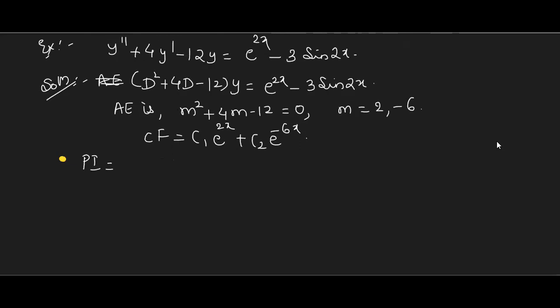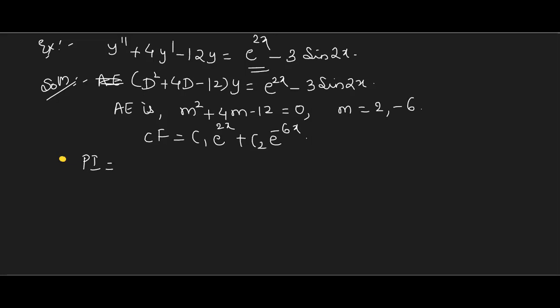Now PI. The main important part is PI because this type we have already solved. All of you listen here carefully. Now, if you see the RHS part, it has how many terms? 2 terms are there. Aren't both different? Because this is exponential, what do we have to apply? Case 1. This is trigonometric, so we have to apply case 2. So as this is 2 terms, I'll write my PI as 2 terms.